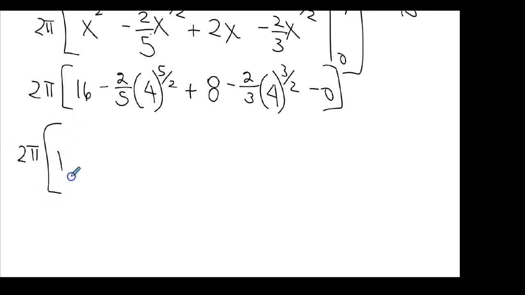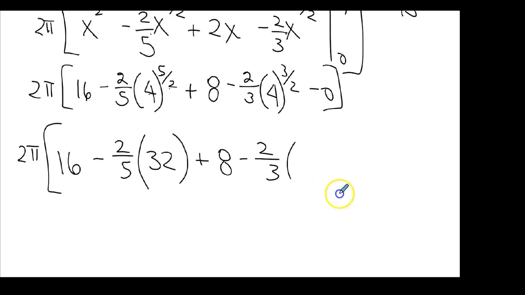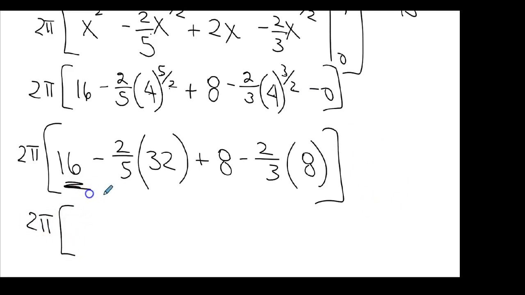All right, 16, 2/5 times the square root of 4, which is 2. 2 to the 5th is 32. The square root of 4 is 2. 2 cubed is 8. How about let's put the 16 and the 8 together. This will be 64 fifths and 16 thirds.